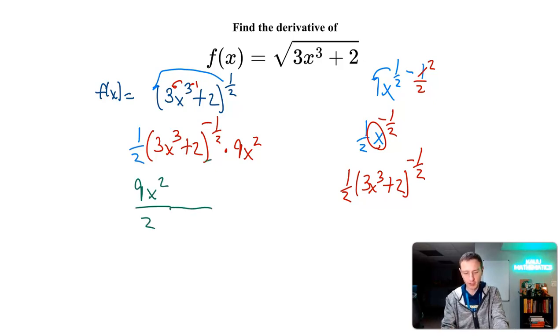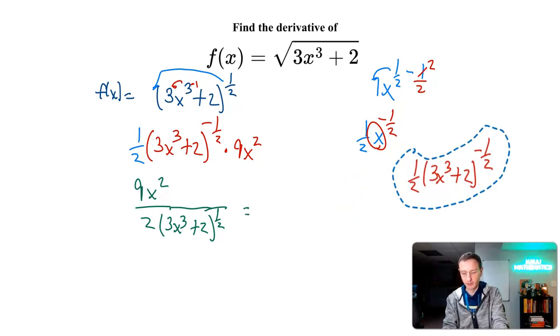And this term has to come down because it's raised to a negative exponent. That means it's a square root on the bottom. That has to come down, and then you can rewrite it as a square root. So this is going to be 3x to the third plus 2 being raised to the positive 1/2 on the bottom.